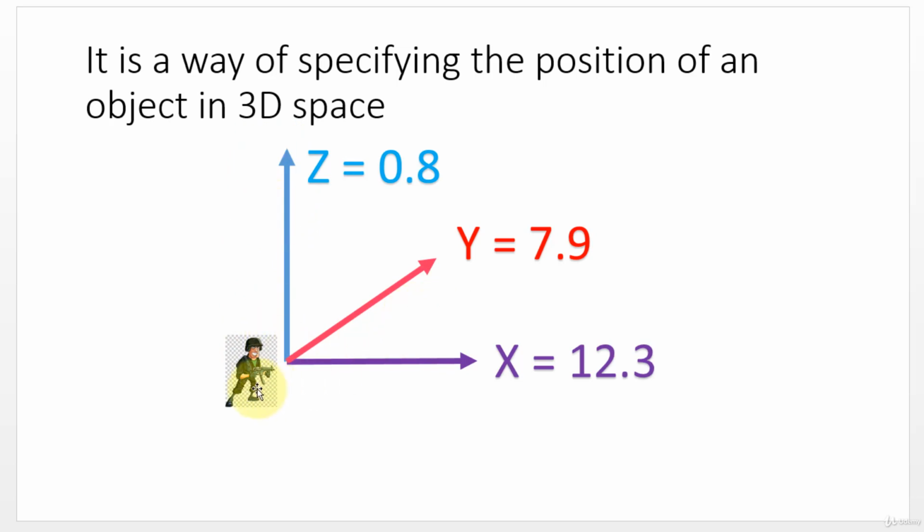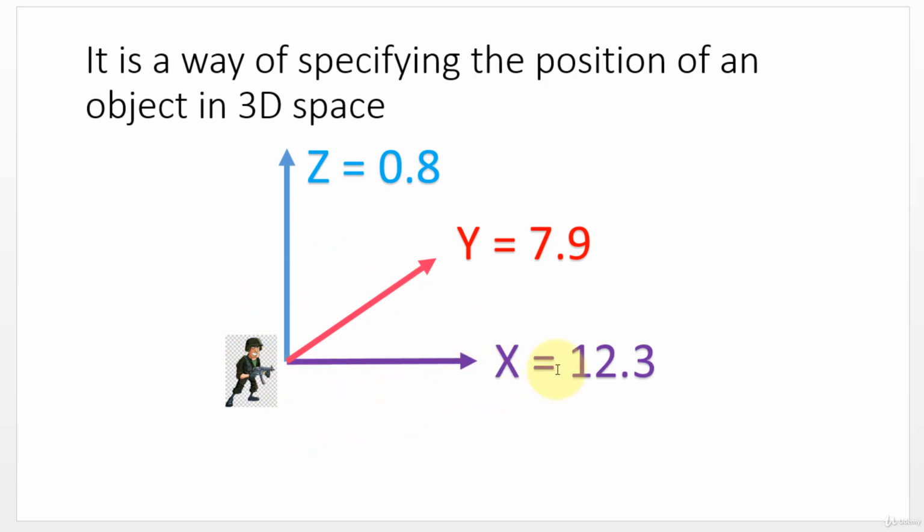So the horizontal axes are usually X and Y. X and Y could be interchangeable, and it's not really important to know which is exactly X and which is exactly Y. But the Z-axis is usually the vertical one, but not necessarily so. It could be different for different games, but most of the games will follow this convention.